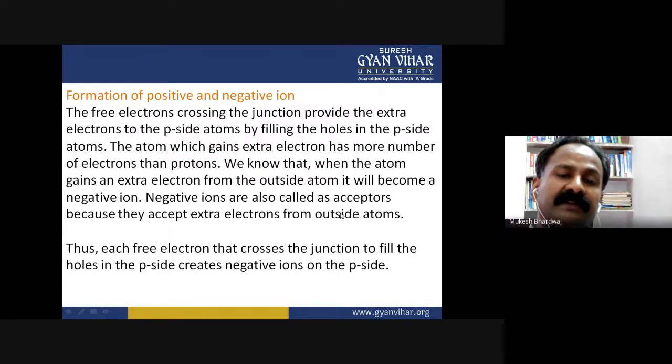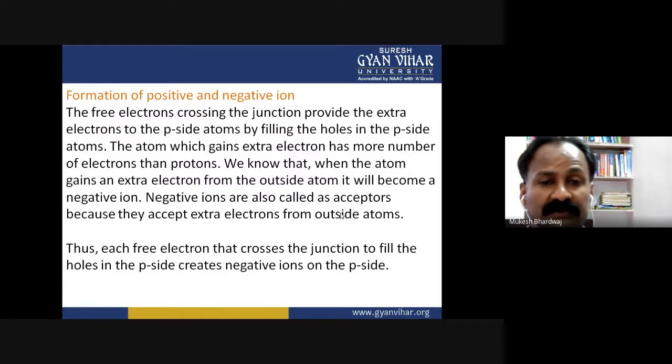Formation of positive and negative ions. This is important. The free electrons only, the free electrons crossing the junction, provide extra electrons to the P side atoms by filling the holes in the P side atoms. The atom which gains an extra electron has more electrons than protons.